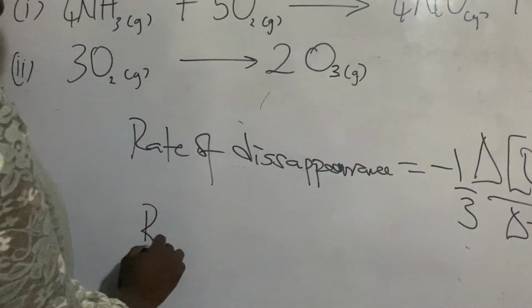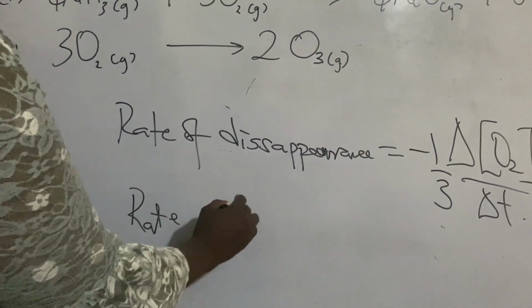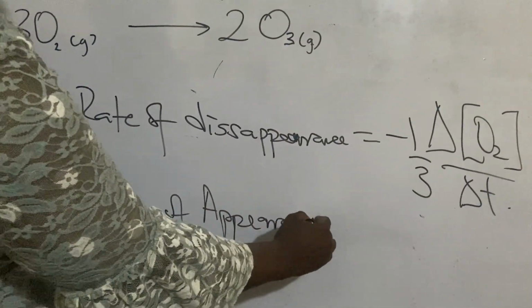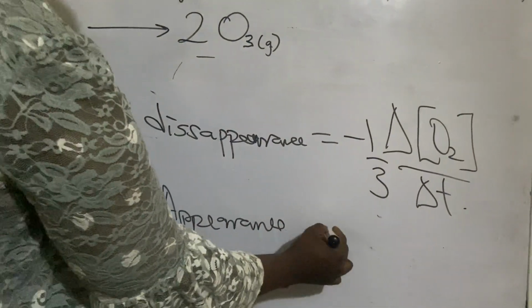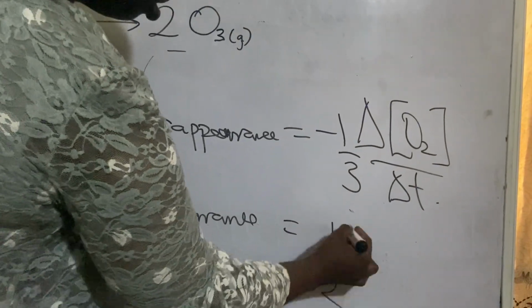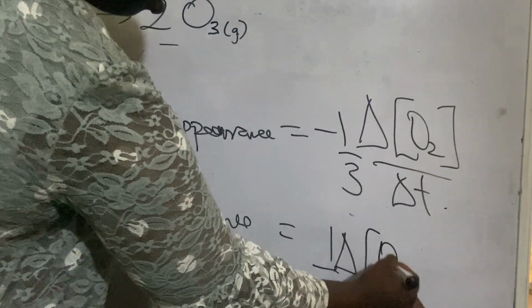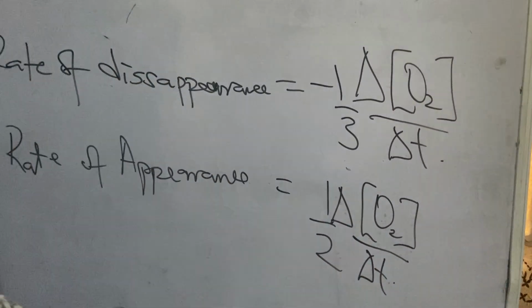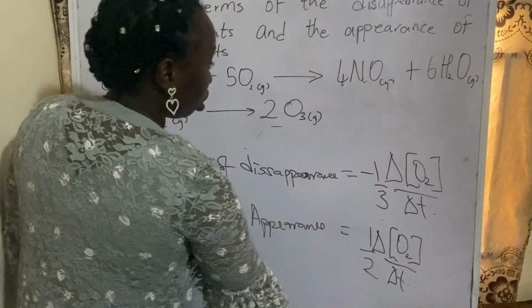And the rate of appearance, which is the ozone, because this is a product, so it becomes 1 all over 2 change in concentration of ozone all over change in time. So we'll take the second question.